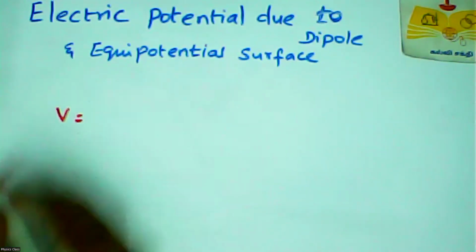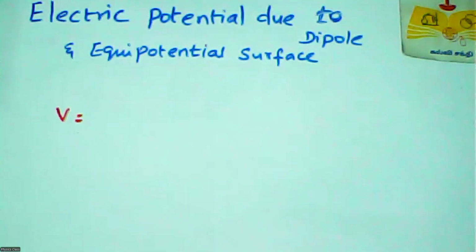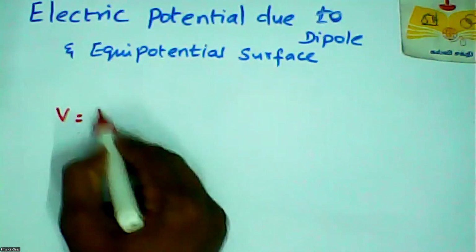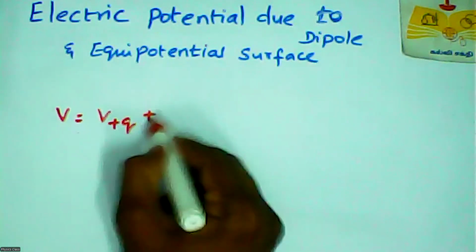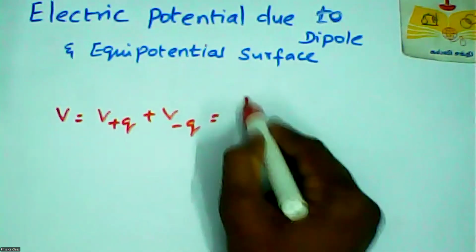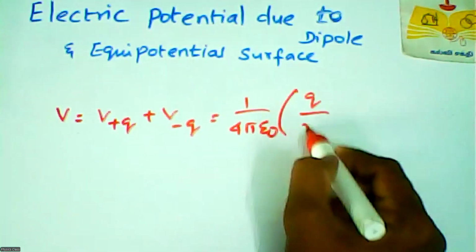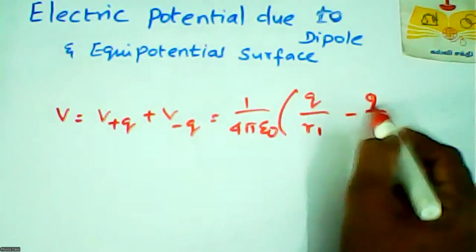So here V means the total potential. Already we know this equation: V equals 1 by 4 pi epsilon naught times Q by R1 minus Q by R2.